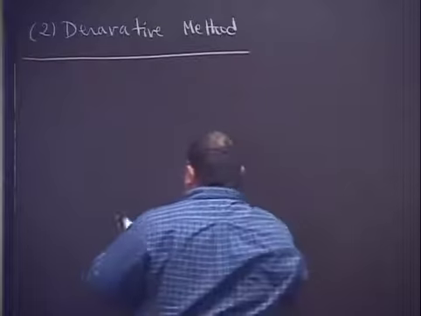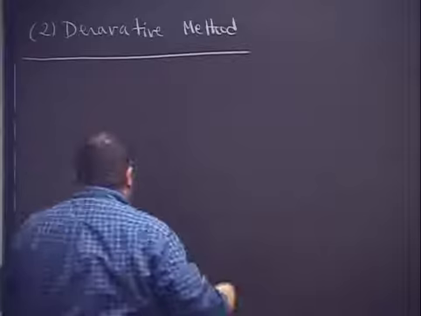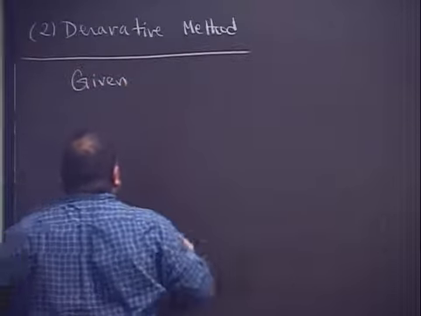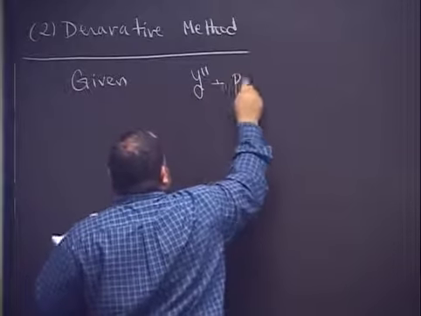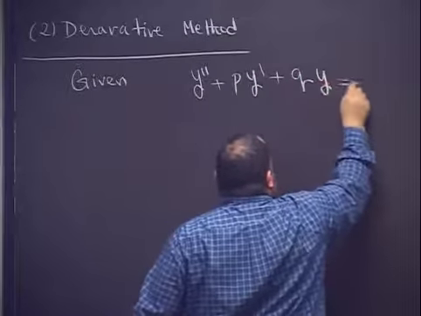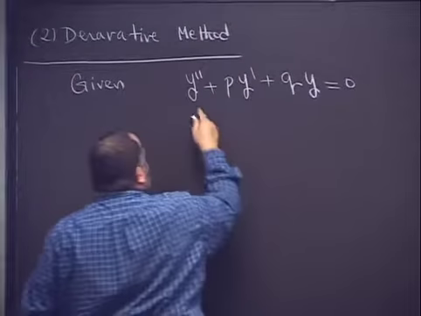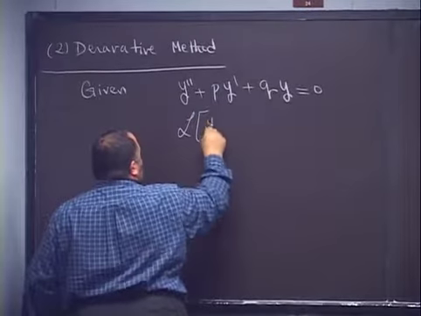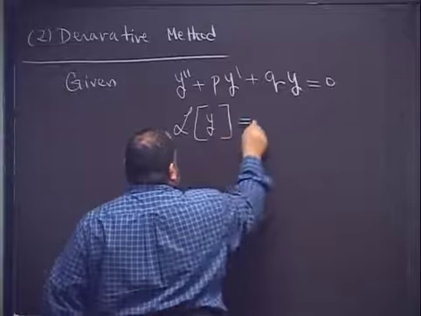let's just review a little bit what we did for the last couple of lectures. If we are given the differential equation y double prime plus p y prime plus q y equal to 0, we can write this in operator form, the operator L applied over the function y equal to 0.